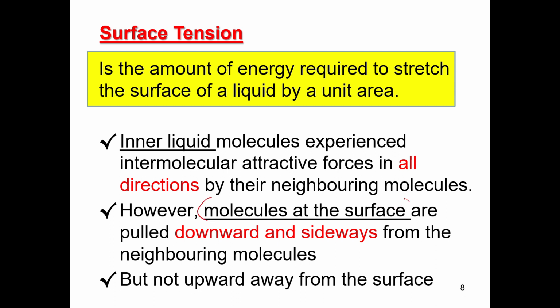Okay, molecule at the surface are pulled downward and sideways. Okay, for example, here we have molecule at the surface will pull downward. Okay, ditarik ke arah dalam dan juga ke arah kiri dan kanan.